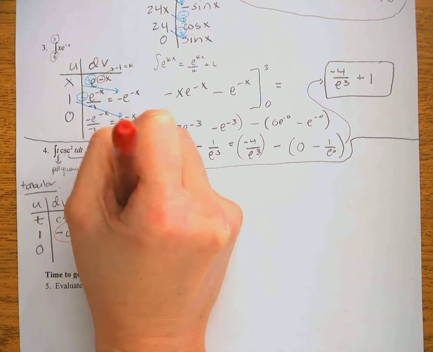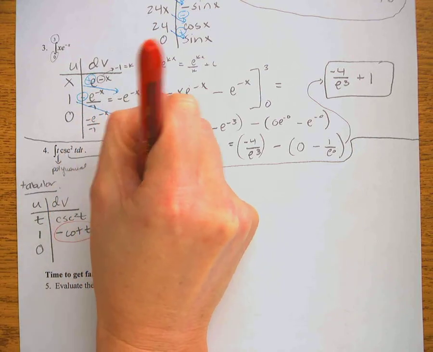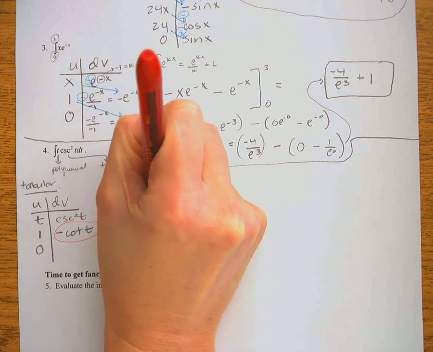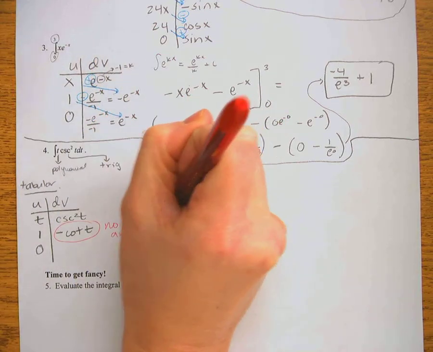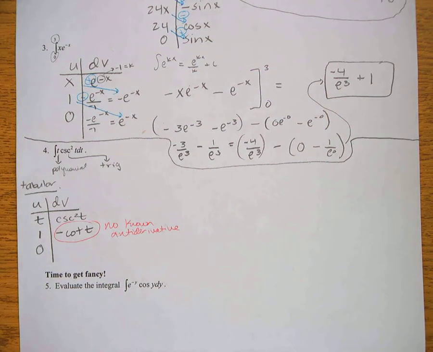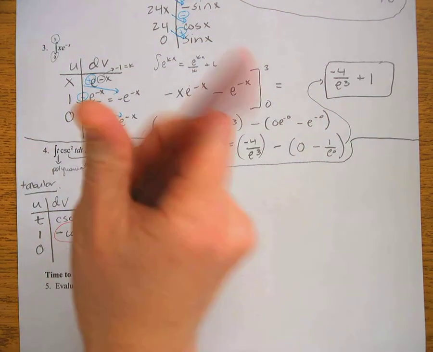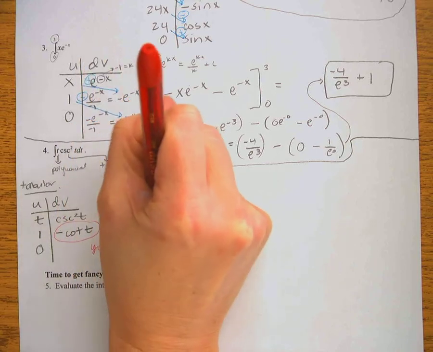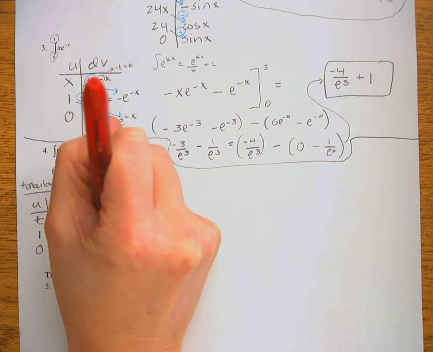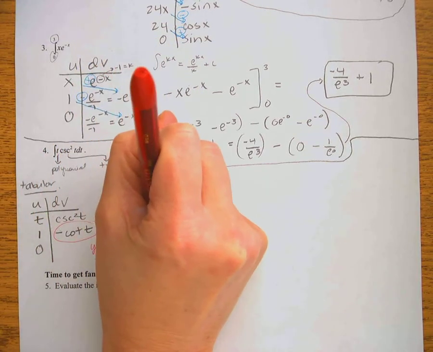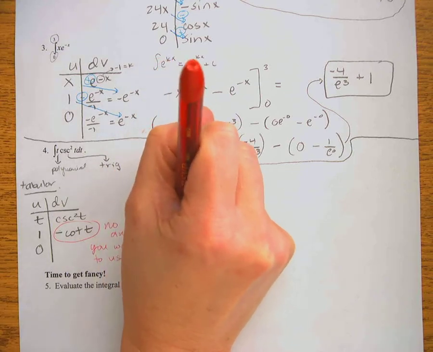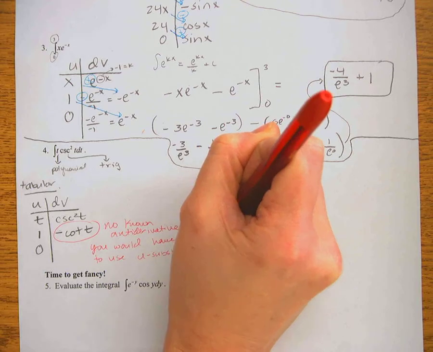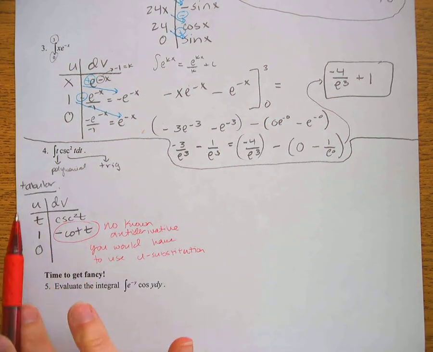So there's no known antiderivative for cotan of t. Or actually there is. You can find it, it's just not a formula for it. You would have to use u substitution. So because of that, the tabular method sort of fails.